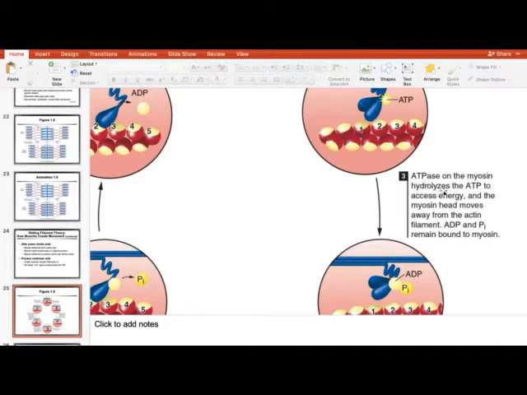So water is going to be broken in half. That's why you need water when you exercise or when you get thirsty, because this whole process of breaking down ATP requires water. So either you're going to get it from the tissues of your cells, or you're going to replenish the water in your body by drinking water.